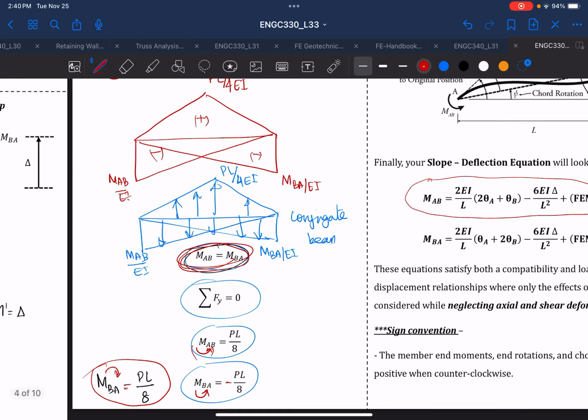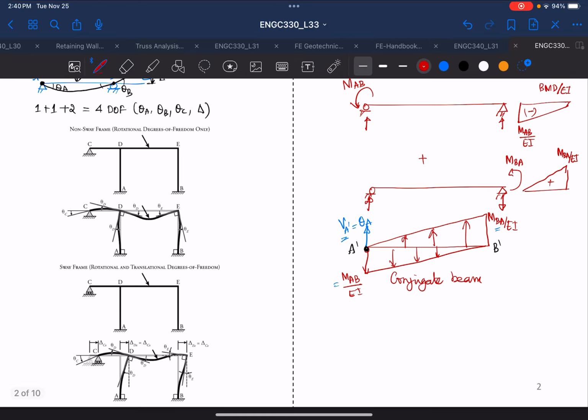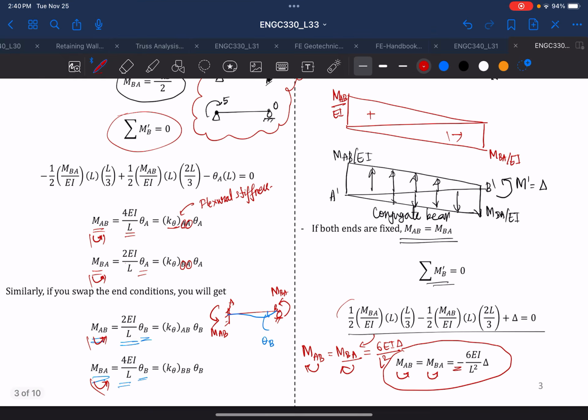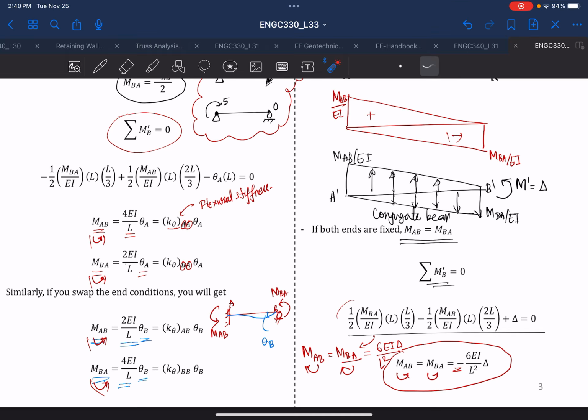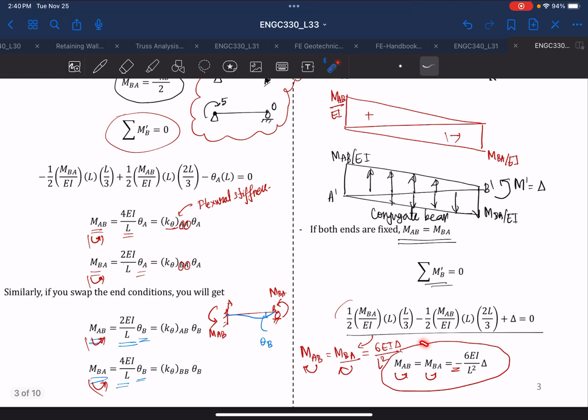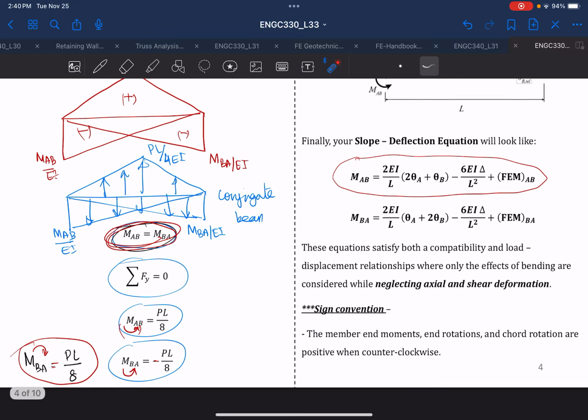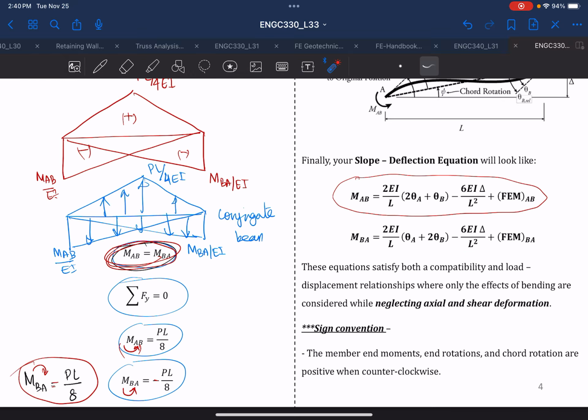So finally, using all these equations that we already derived for MBA due to the slope, MBA due to the displacement, and MBA due to the external load, we can finally sum all of them, or group them together.